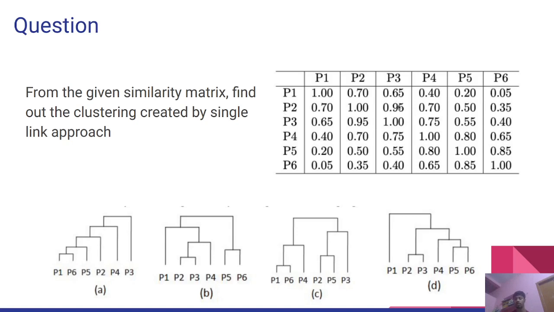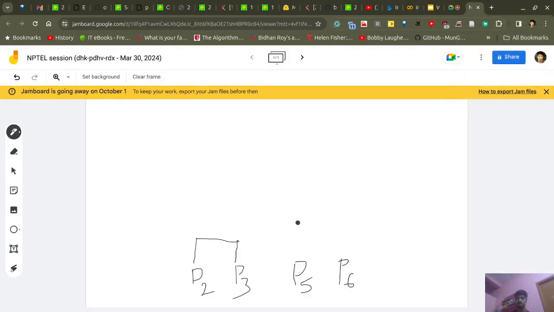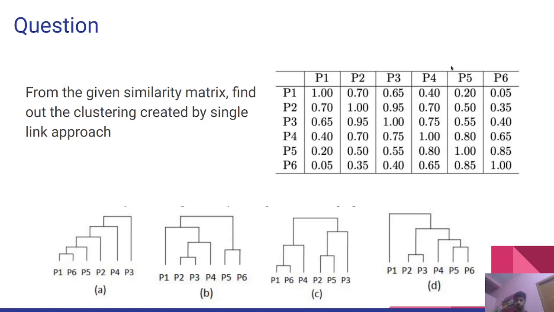Then we have to find out what we can merge next. So next, 0.85 is the second highest, right? So we are merging P5 and P6, and the threshold will be a little bit lower than the previous one, because that was 0.95, this is 0.85. Okay, so P2 P3 merged and P5 P6 is merged. What can we merge next? 0.80.